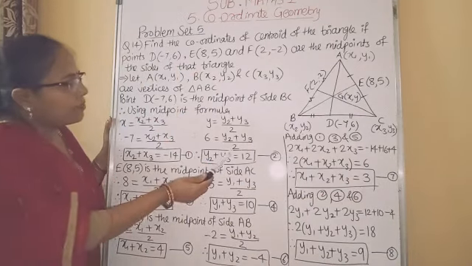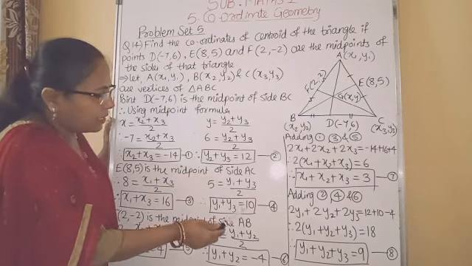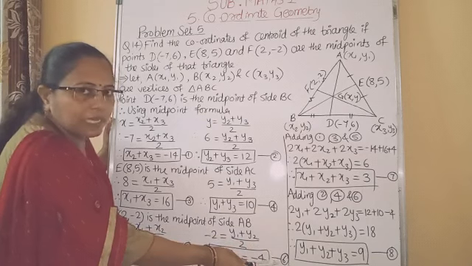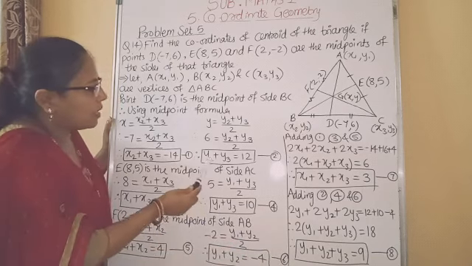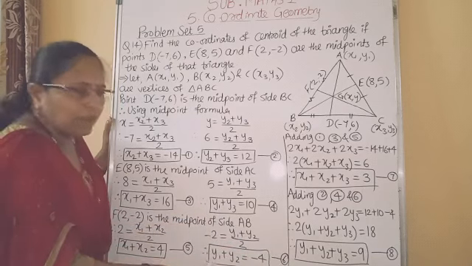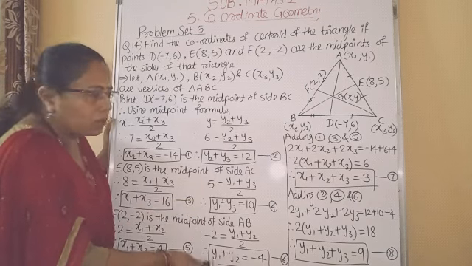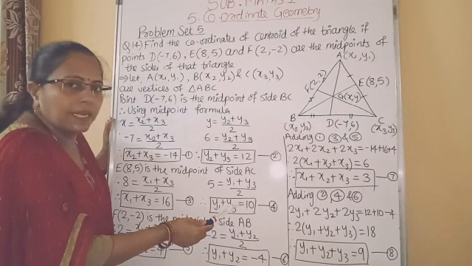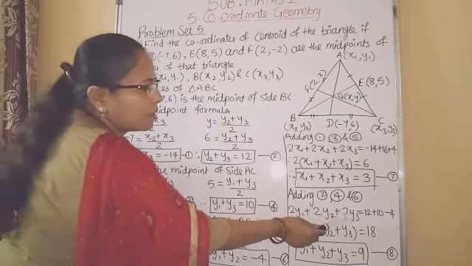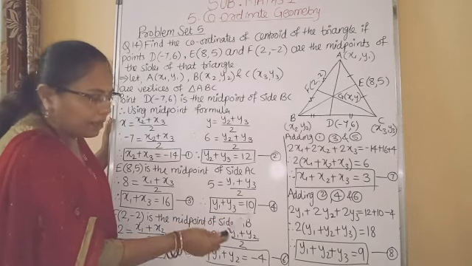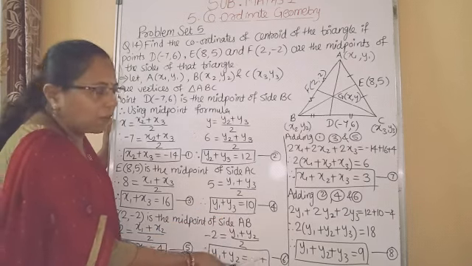Now we will add the y coordinate equations, adding 2, 4 and 6. Here we get y1 plus y1 is 2y1, y2 plus y2 is 2y2, y3 plus y3 is 2y3, equal to 12 plus 10 minus 4.